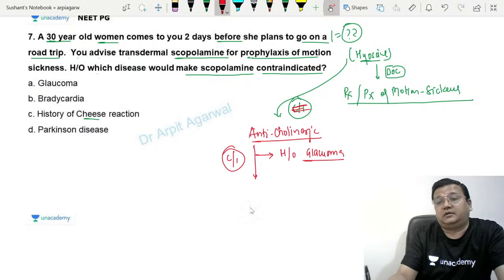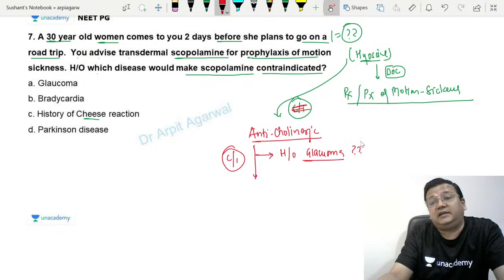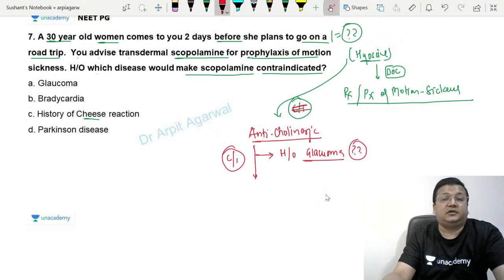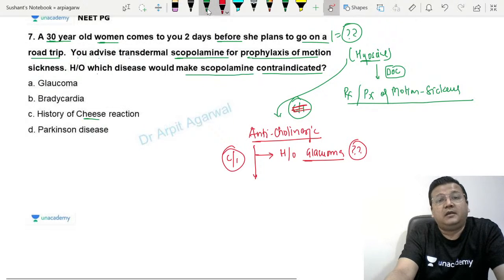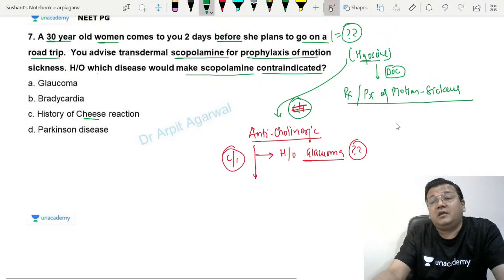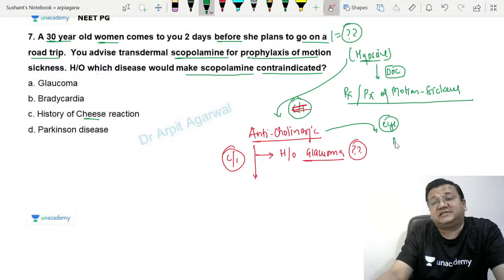Very, very important. Why are anticholinergics avoided in history of glaucoma? Try to understand that any anticholinergic in the eye will produce mydriasis. That all of you should know. Anticholinergics produce mydriasis, and mydriasis can precipitate an attack of glaucoma.